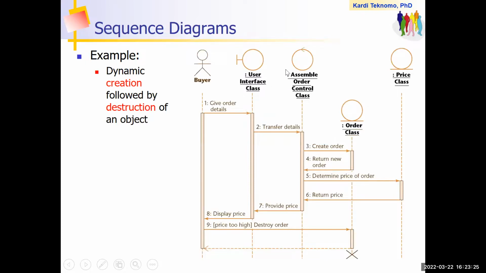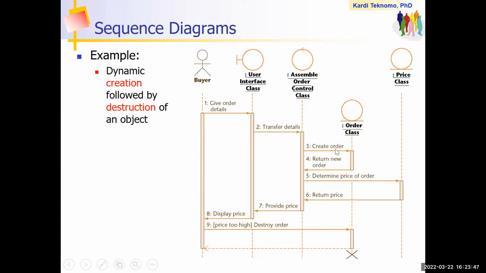So this is another example. First the buyer will give order detail to the user interface, and then transfer the detail to the assemble order class. And then the third one is to create an order, so there is a class named order class.